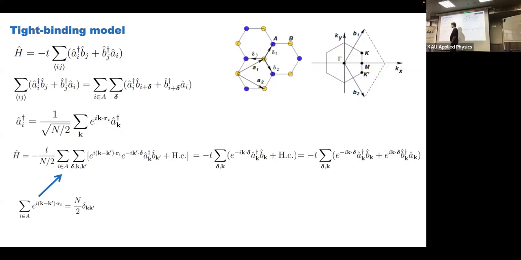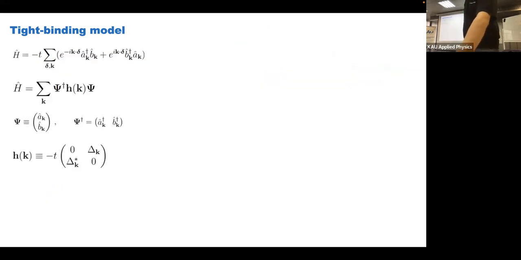Because this is our tight binding model. It was our assumption that inside the atom we have 1 and outside the atom we have 0. So it goes from our assumption.